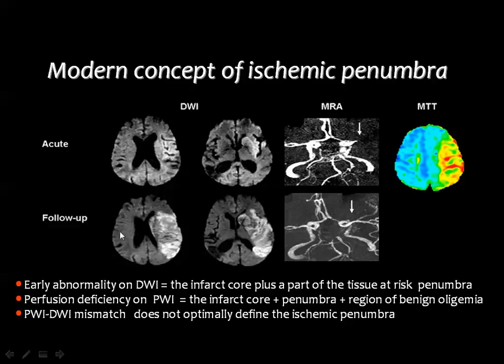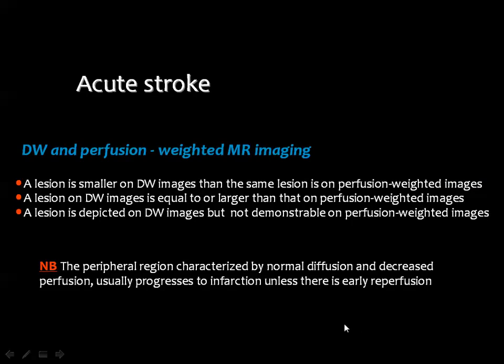But in the follow-up diffusion weighted image, you get the lesion is larger because there was an area at risk in this particular area, which is shown by perfusion imaging, and this area will be ischemic or develop an infarction after some time. And this is what we call the diffusion perfusion mismatch.